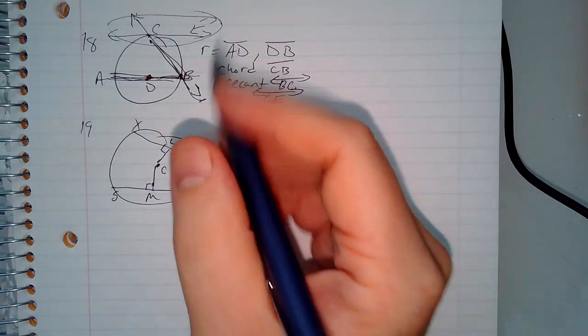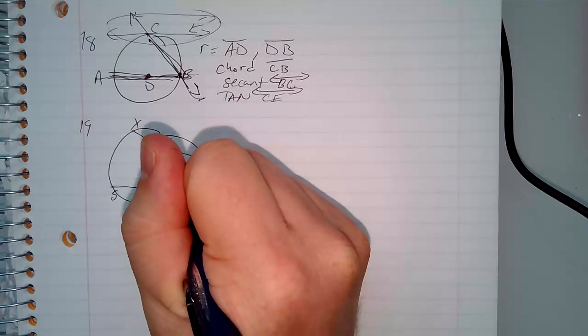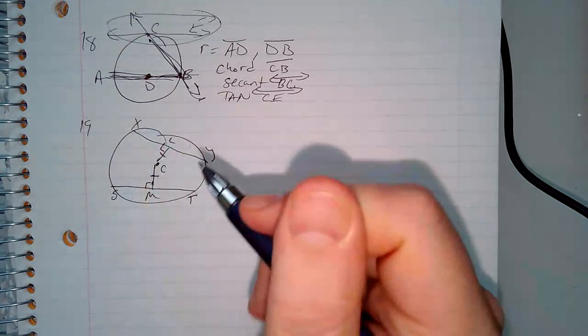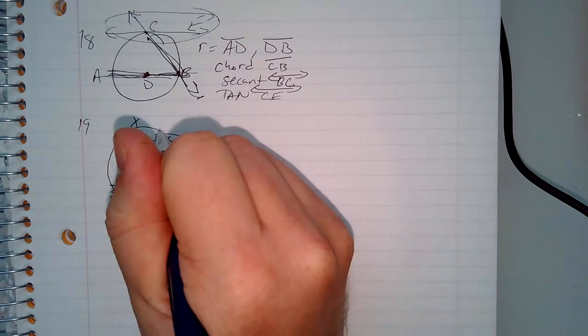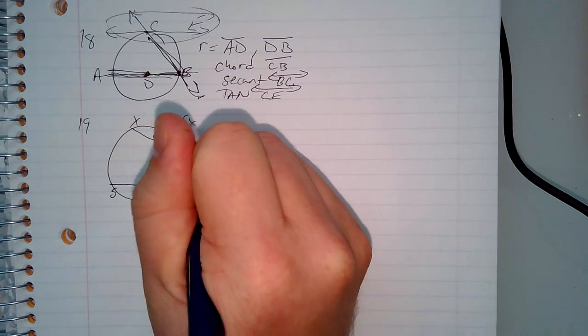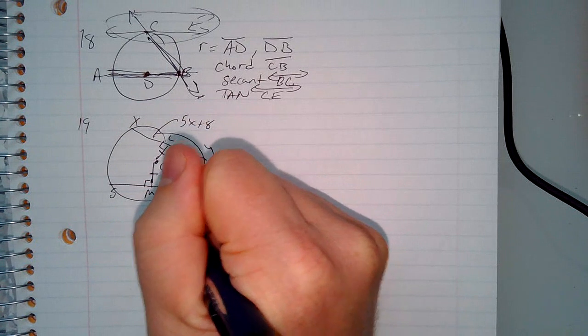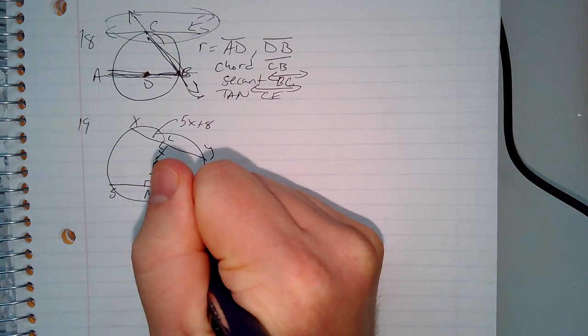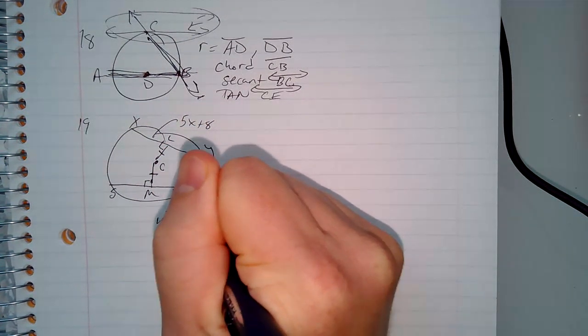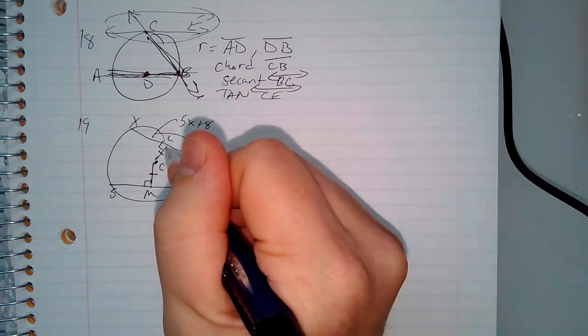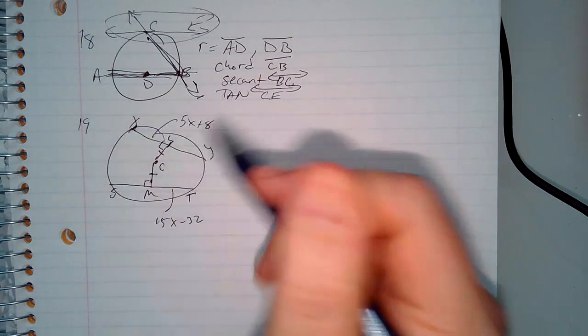We know that CL and CM are congruent. We know that XY is going to be 5x plus 8, and ST is going to be 15x minus 32. Find XL. It just wants to know this portion right here.